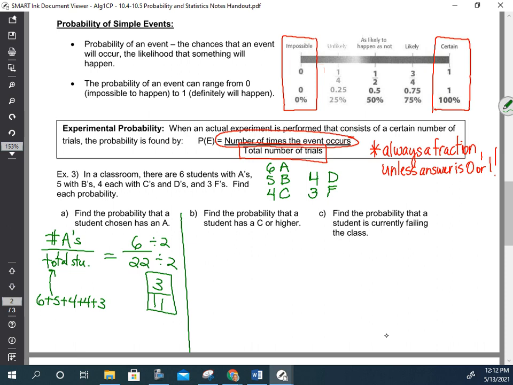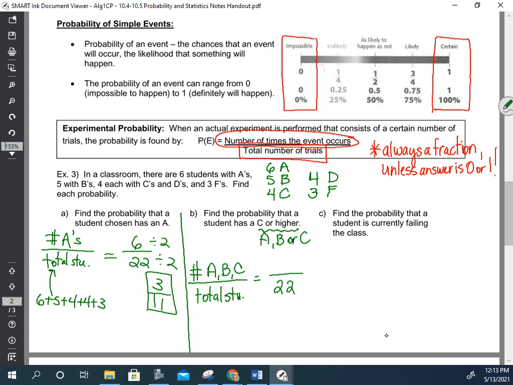Let's go ahead and part B. Find the probability that a student has a C or higher. So a C or higher means what grades could they have gotten? So they could have gotten an A, a B, or a C. So you're looking for the number of A's, B's, and C's divided by the total number of students. We know that there's 22 students.